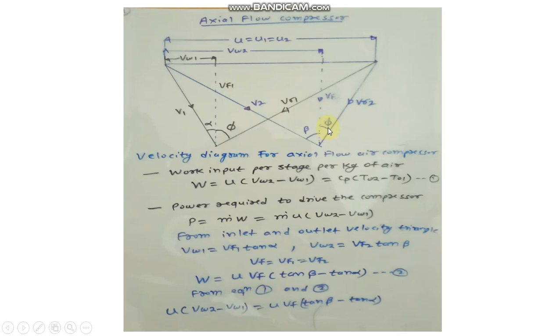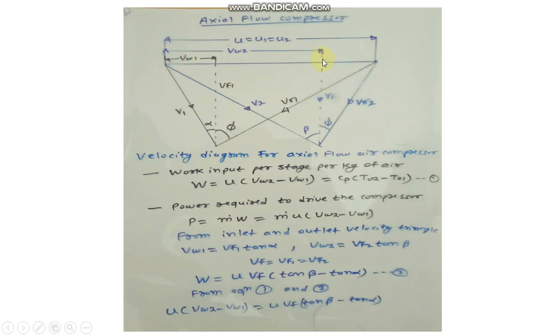Now tan phi. If you see this triangle, this is tan phi. The total is U, and from this point to this point is U minus VW2.